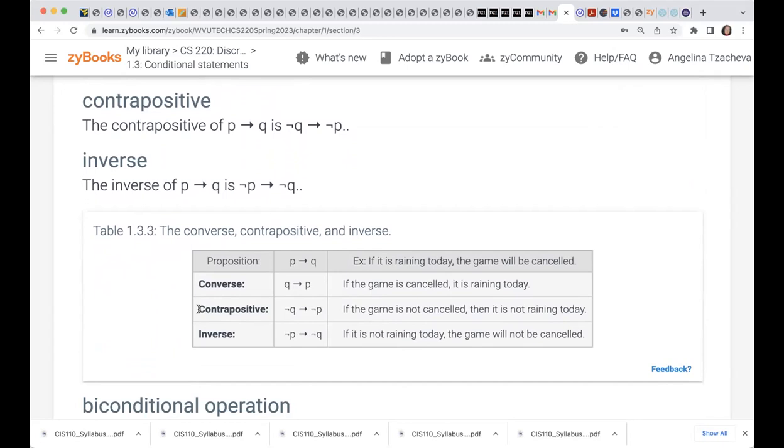And then we have some other things that are using the negation with both of those. So contrapositive is when both of them are negative. So the negation of Q implies the negation of P. So this means it's contrapositive.